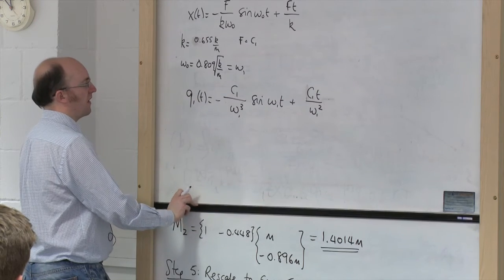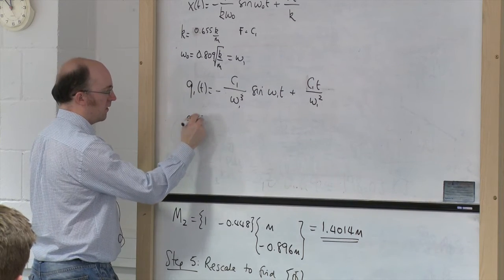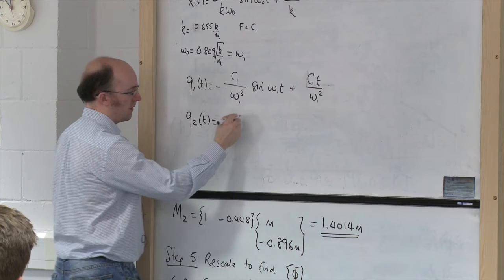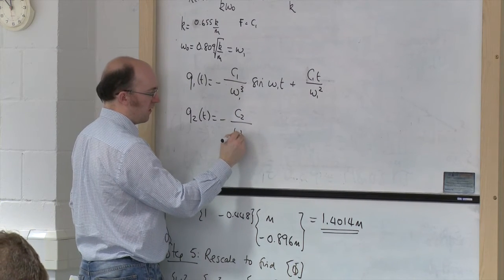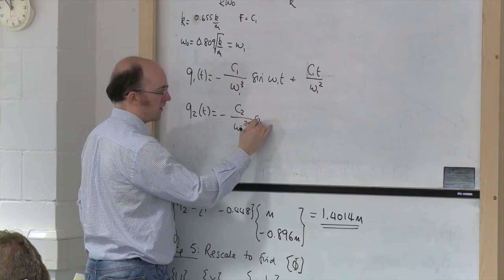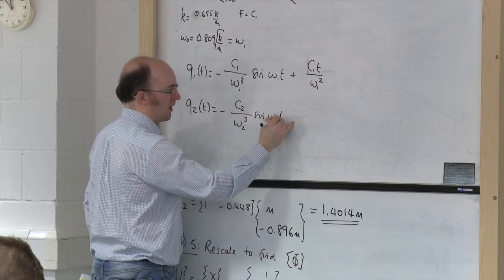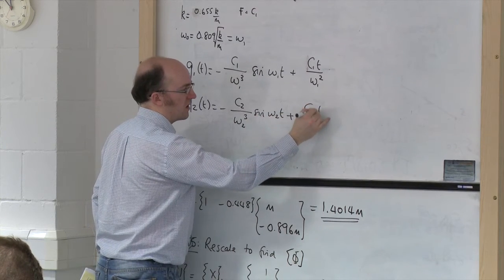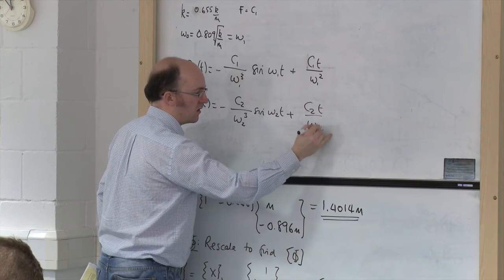And Q2 follows a similar format: Q2 of t equals minus c2 over omega 2 cubed sine omega 2 t plus c2 t over omega 2 squared.